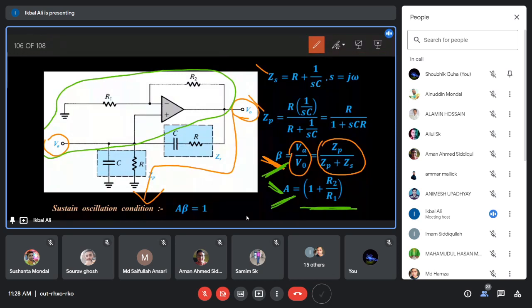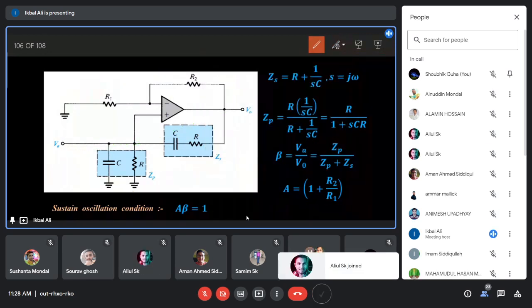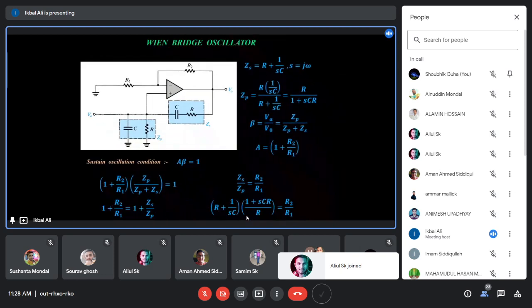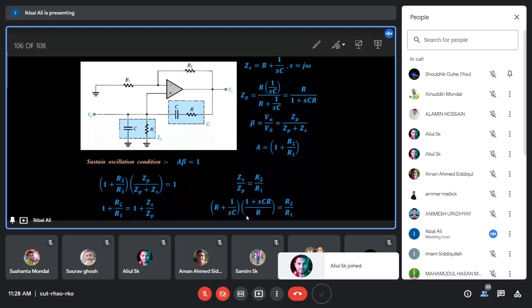Then what will be the condition of the oscillation? A into beta should be equal to 1. So we now multiply the A and beta expressions and equate to 1. That is the sustained oscillation condition, and we will get some expression from that. So just very quickly apply this here. Now it is just the mathematics, okay?